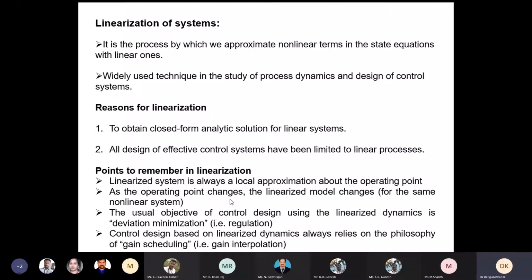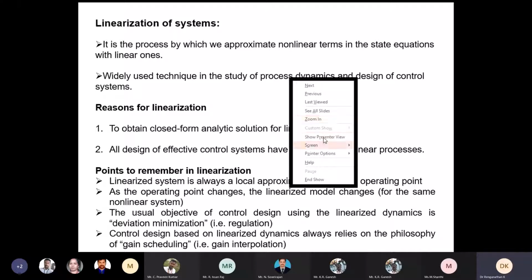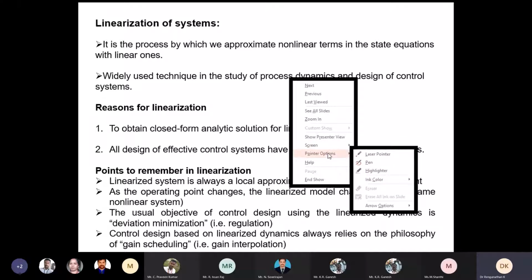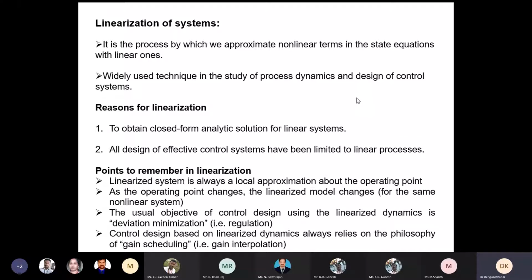So when we take a linear part, for example, I'll just take up a pen here and draw, see whether you get it. Just draw one small line here, just a rough curve.